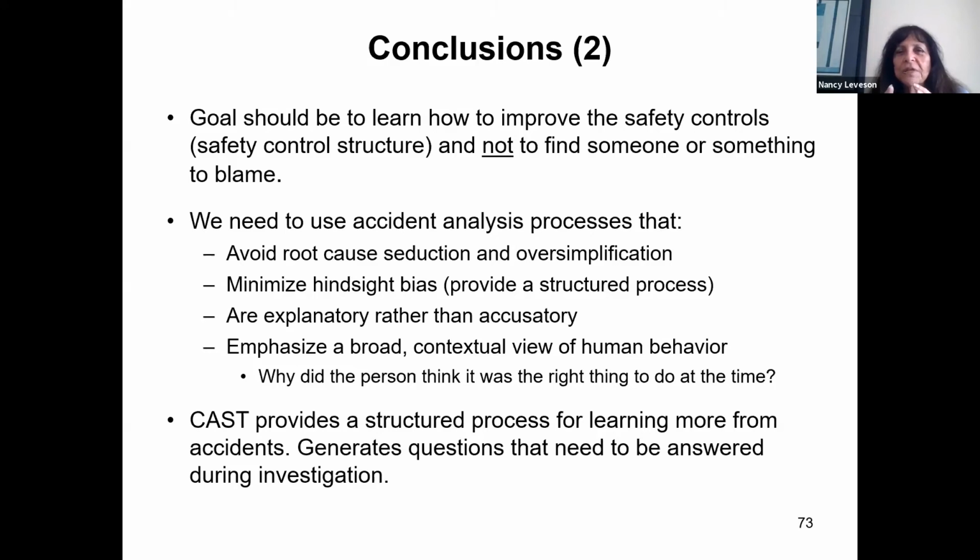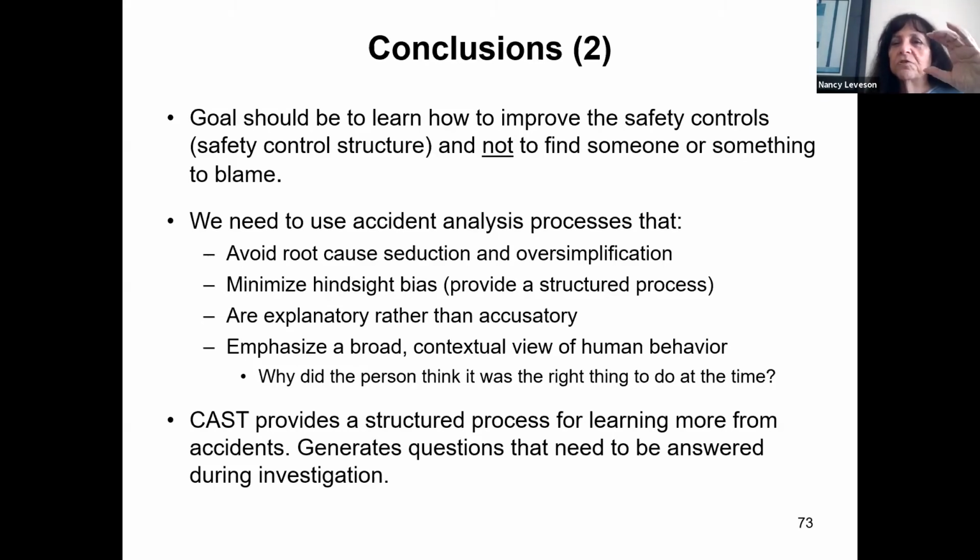We need to use accident analysis processes that avoid root cause deduction and oversimplification, that minimize hindsight bias, that are explanatory rather than accusatory, and that emphasize a broad contextual view of human behavior. Why did the person think they were doing the right thing at the time? And how do we change our system to help them see next time, or help everybody see that it isn't the right thing to do?